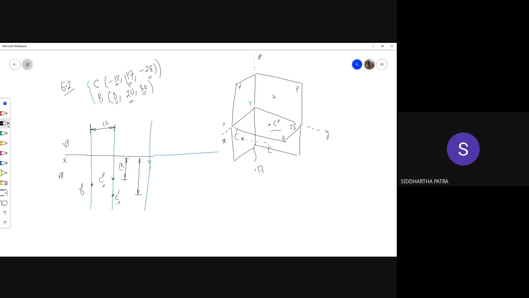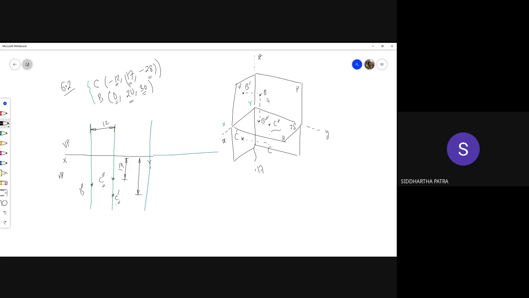Okay, so B is somewhere over here. So it is 20 millimeters in front of vertical plane. So B double prime is 20 millimeters away from the XY line, and B prime would be, how much further than B, sorry, yeah, B prime.